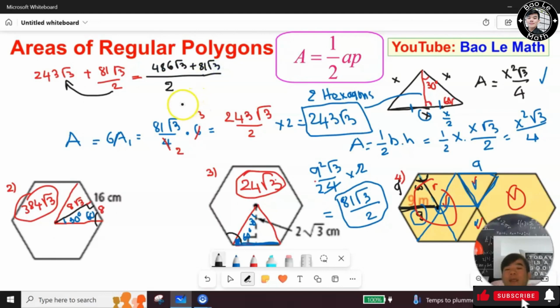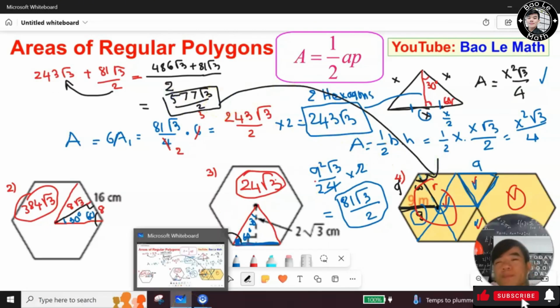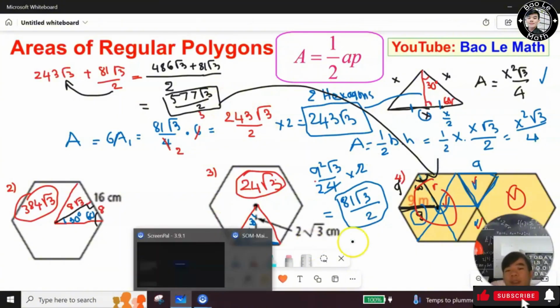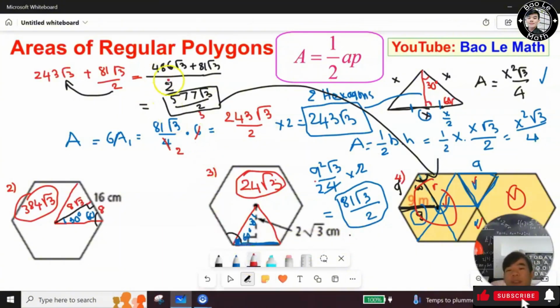Now we simplify, and it's going to be 577 root 3 over 2. And this is the final answer for the figure right here. Oh, sorry, this should be 567.